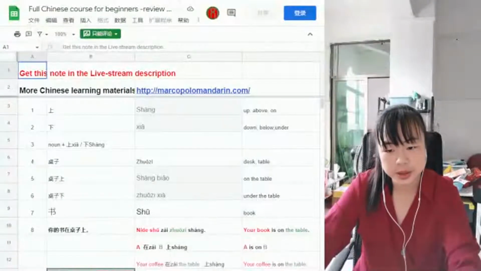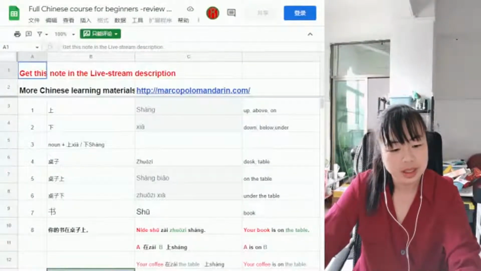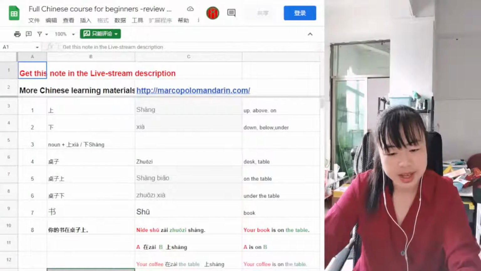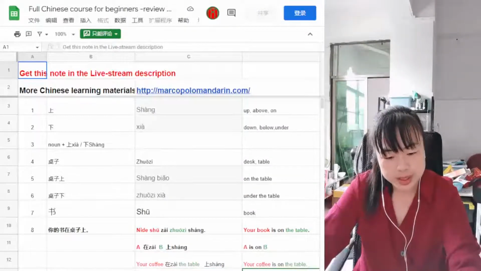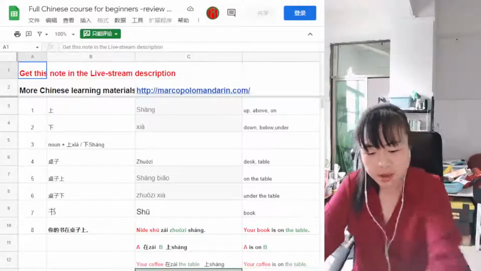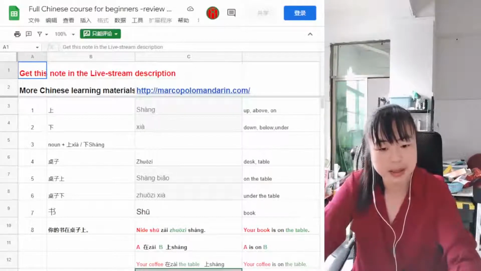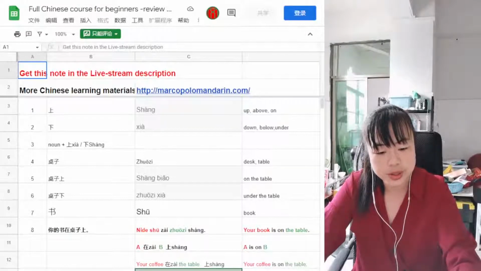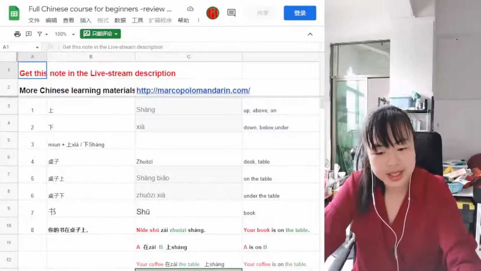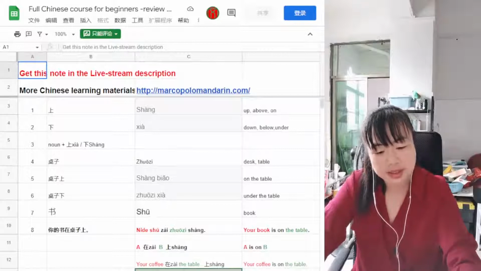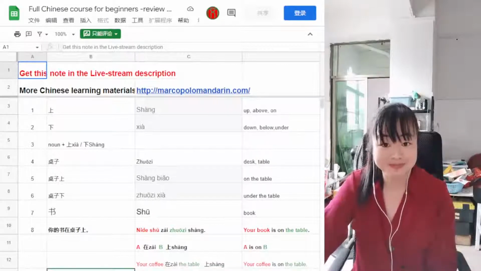This sentence counts to 你的咖啡在桌子上。你的咖啡在桌子上。That's the perfect Chinese sentence.